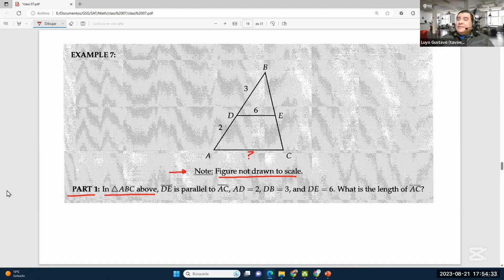Well, notice that the fact that they tell you that DE is parallel to AC means that this angle here, alpha, must be the same as this angle here. And also, this angle here, beta, must be the same angle here, beta. This is applying the properties of parallel lines when they are intersected by a third line that is not parallel to them. So what can we see?